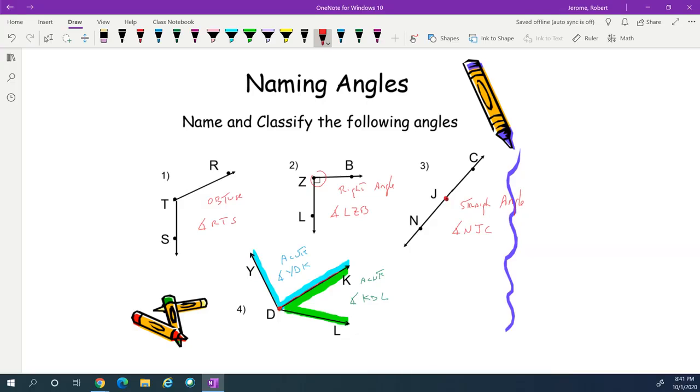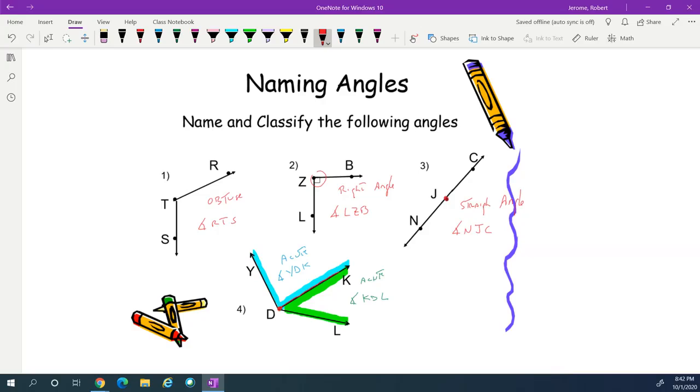So these are considered to be adjacent angles. And adjacent is really important. When segments were adjacent, we were allowed to add them. When angles are adjacent, we're allowed to add them.